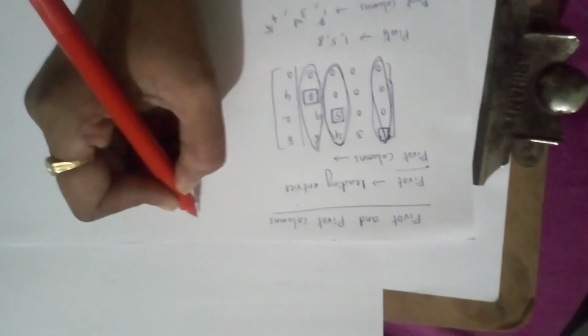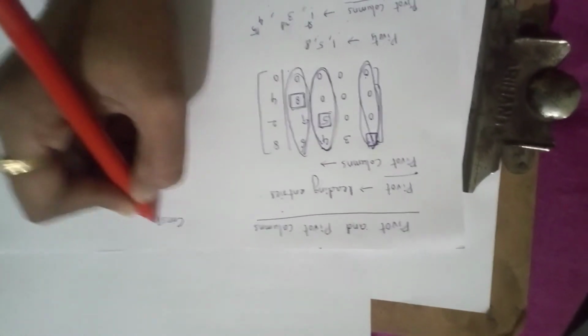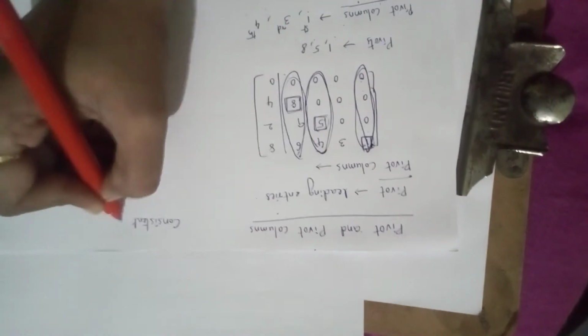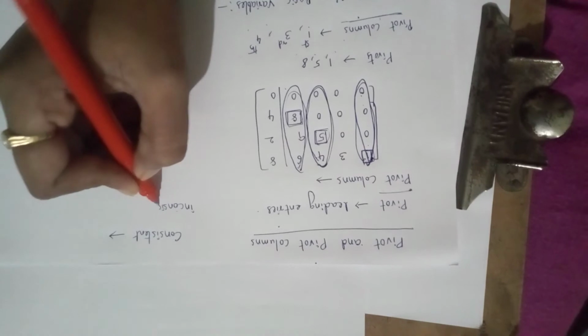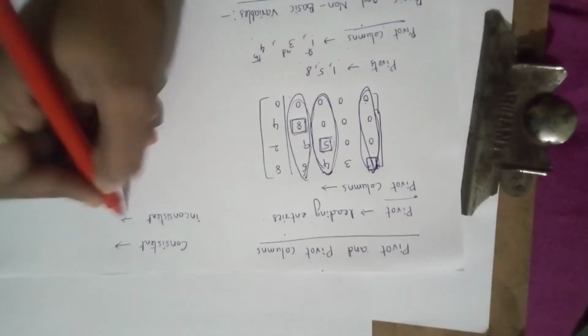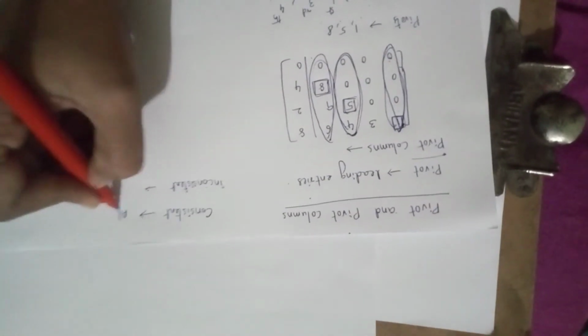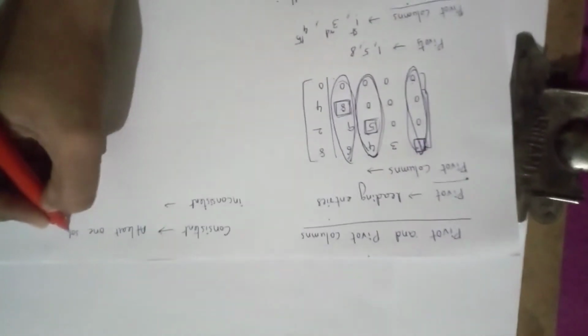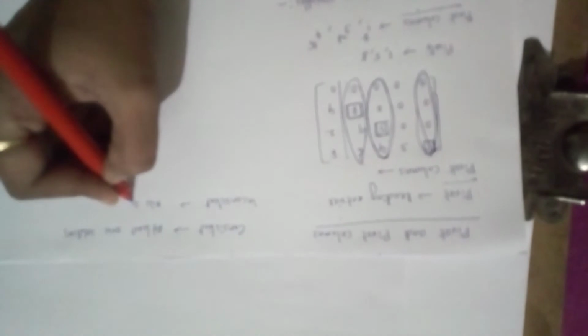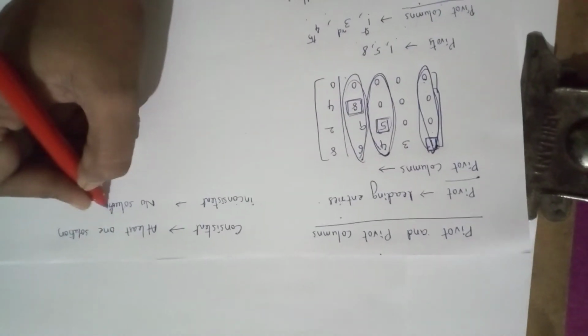So what is consistent and inconsistent? A system is consistent or inconsistent. System consistency means at least one solution is there. Inconsistent means no solution. When the system has no solution, that is called inconsistent.